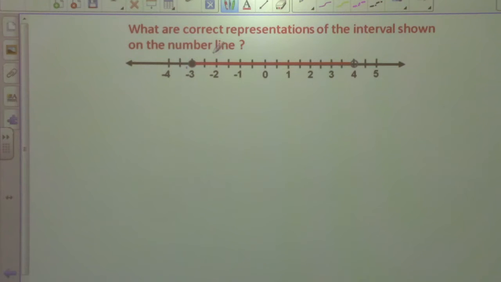Let's understand what's happening here, okay? What we're seeing is a point here at -3. We're seeing an open interval circle here, so would it be at 4, and then in between those two endpoints.